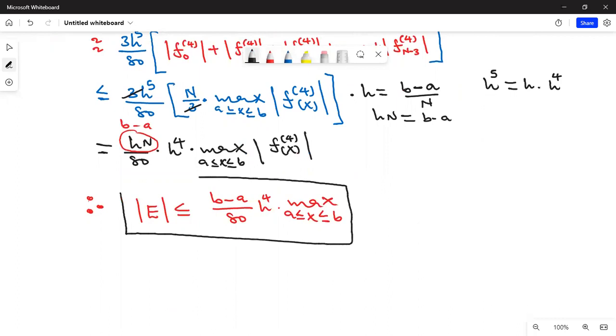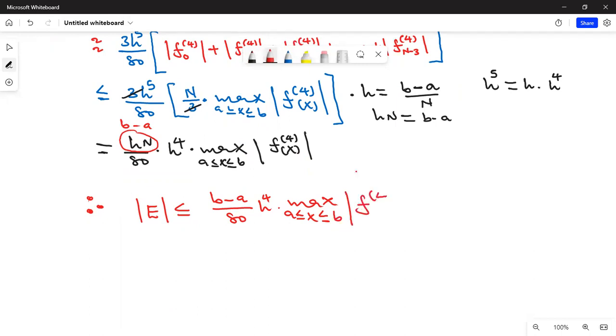Now we have seen how to derive the formula for Simpson's 3 over 8 rule and how to get the truncation error. Of course, I've left out something very important. It's a maximum of the absolute of the fourth derivative of the function f of x.